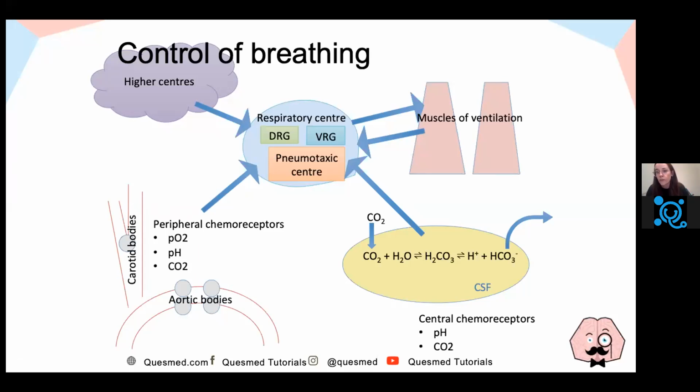So your carbon dioxide starts to rise because the patient doesn't have anything telling them to breathe more, because their central chemoreceptors don't work and their peripheral chemoreceptors have enough oxygen. And therefore, the carbon dioxide will start to go up and up and up, because they're not able to blow it all away because there's nothing telling them to breathe.